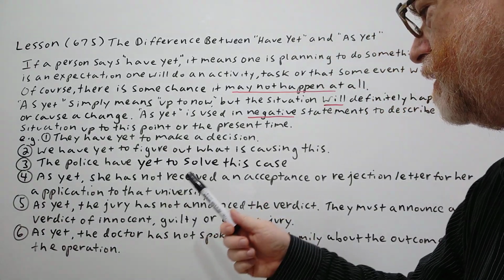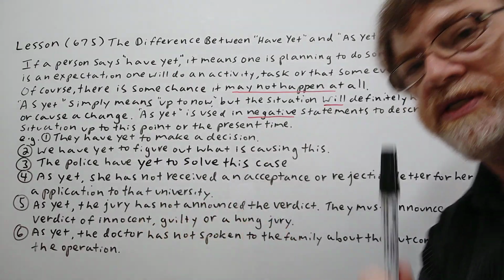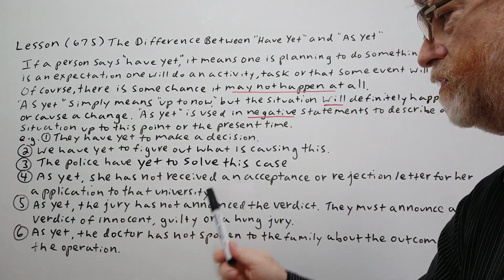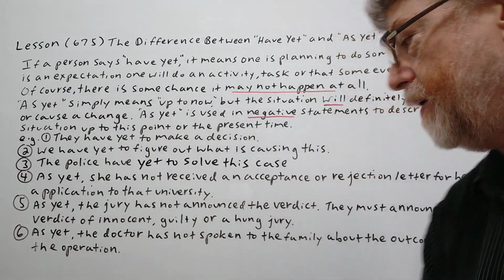Okay. Let's continue. All right. Number 4, as yet. As yet, she has not received an acceptance or rejection letter for her application to that university. All right, 2 things. First of all, it's a not, so there's a negative. Okay.